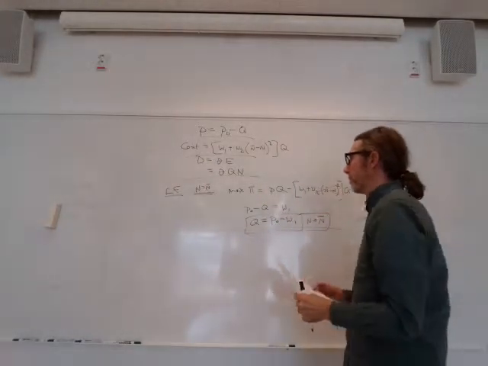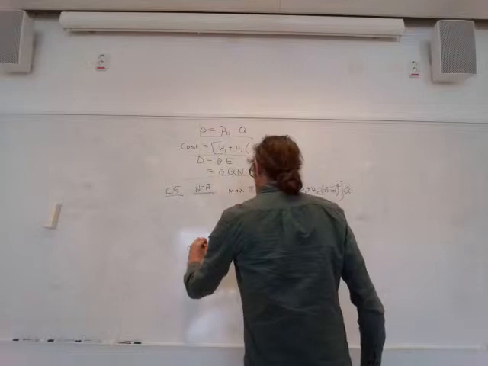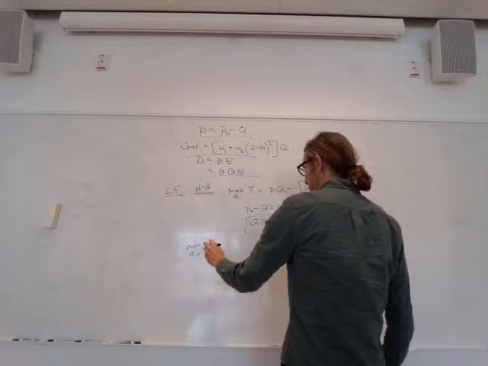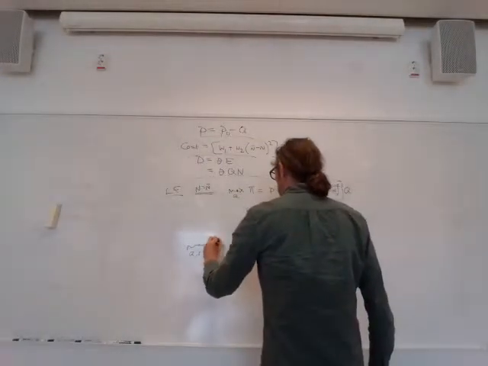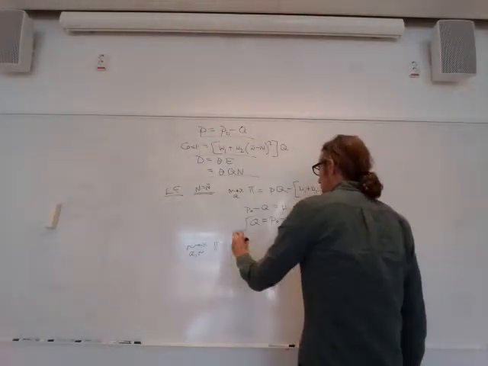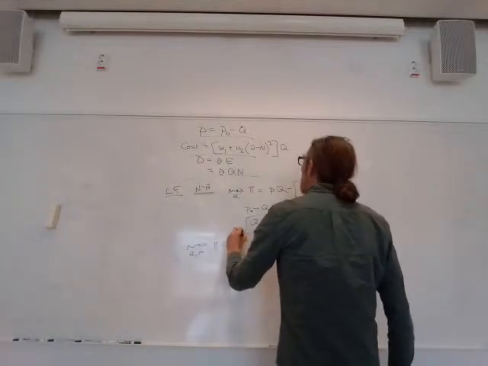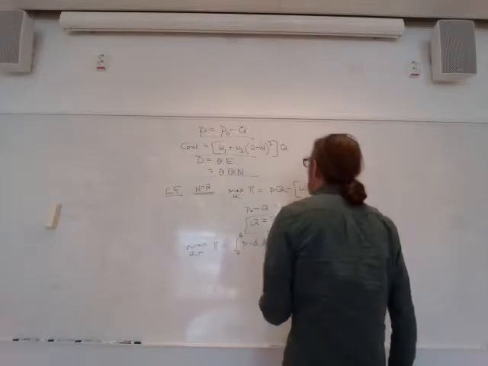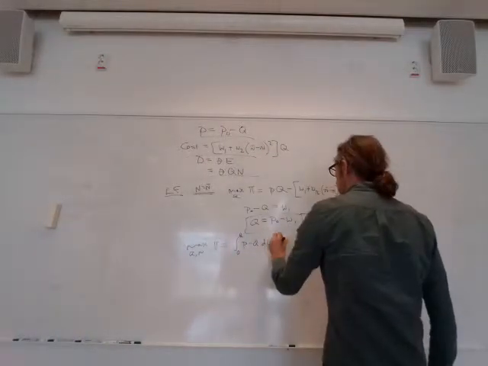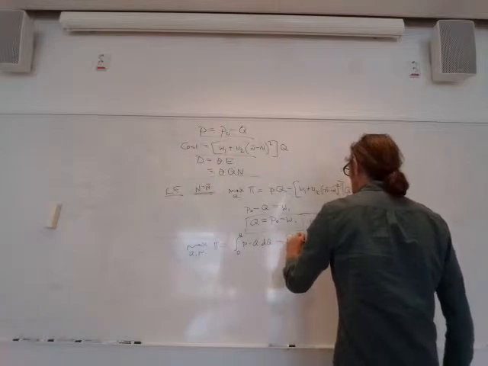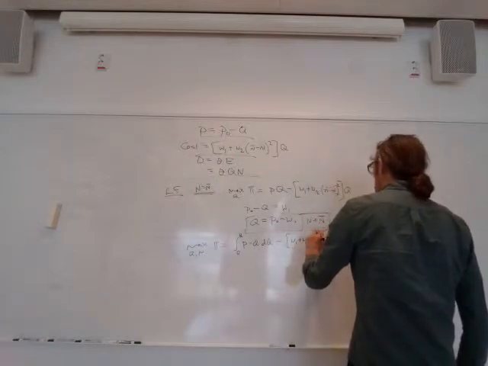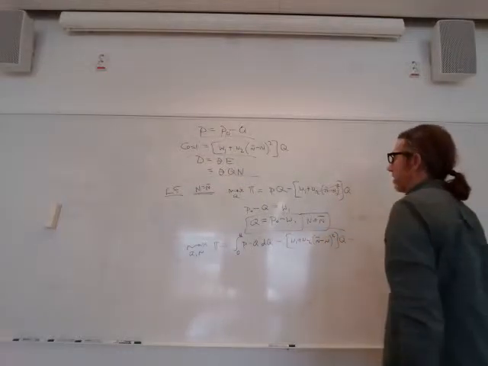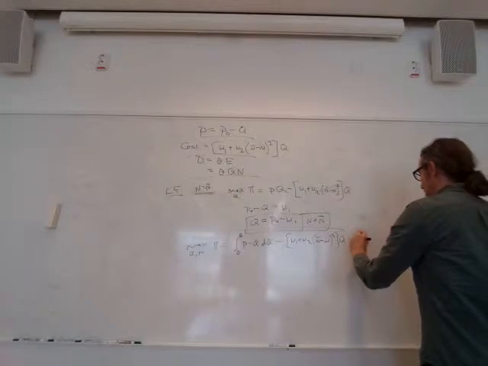A planner chooses Q and n to maximize pi, which is the integral between naught and Q of P naught minus Q dQ, minus costs, minus damages, theta Q n.